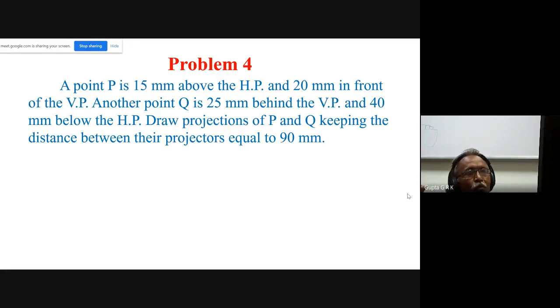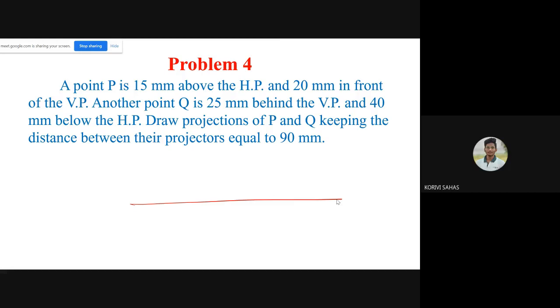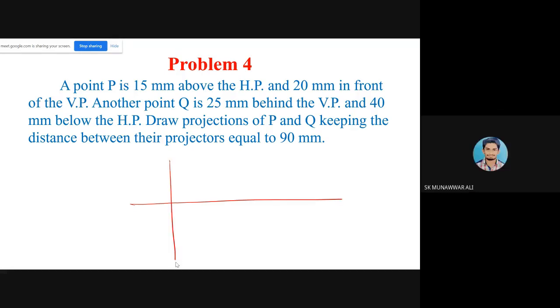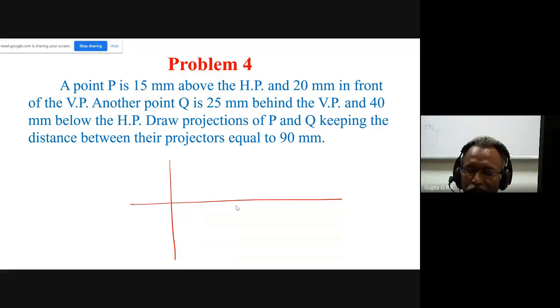I have to draw 2 projectors, and the distance between projectors is given, it is 90. So one XY line I can draw, and the projector of P can be drawn here. So where will be the projector of Q? 90 mm away from it. So somewhere here, this distance may be 90.